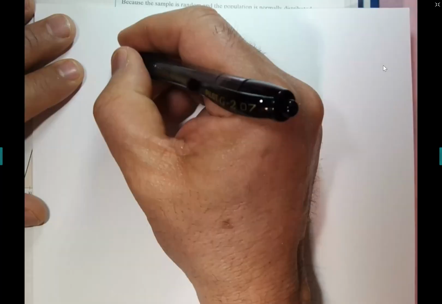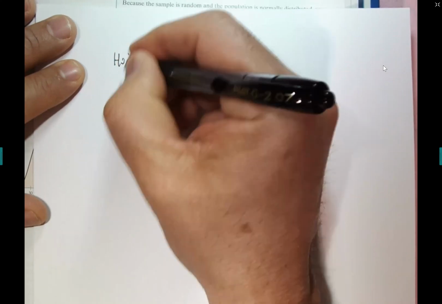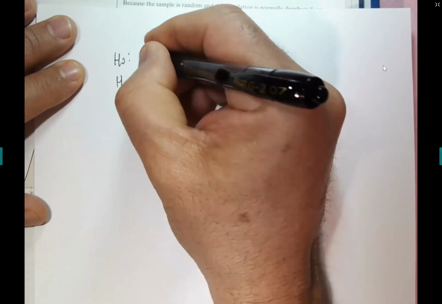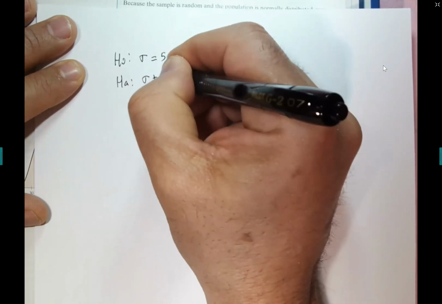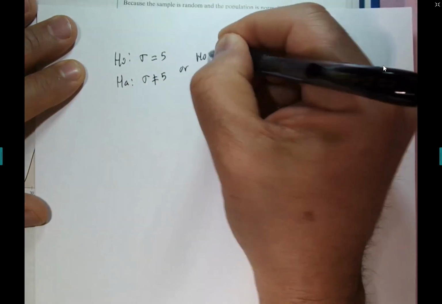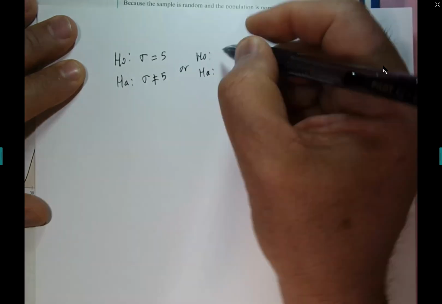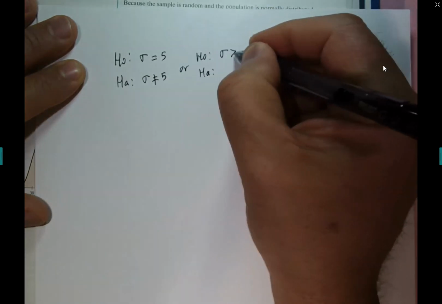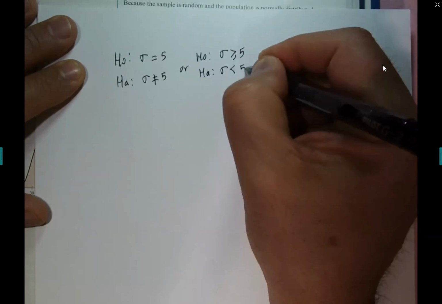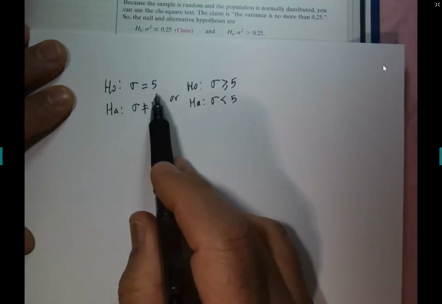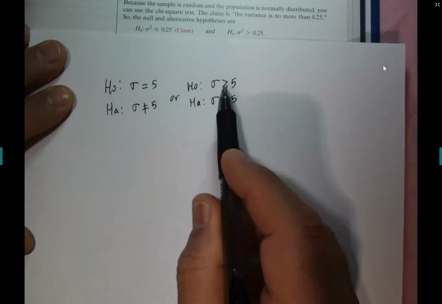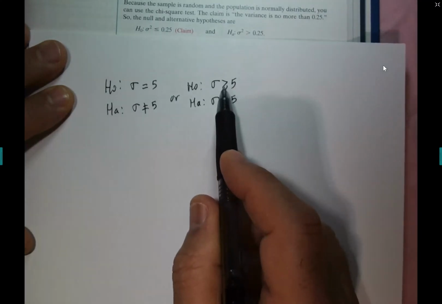Okay. So when testing the standard deviation, guys, you have three options. This, or just like in a regular hypothesis test, or this one. Guys, you can never have less than in the null hypothesis. Don't make this mistake.